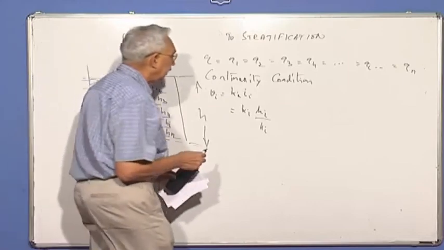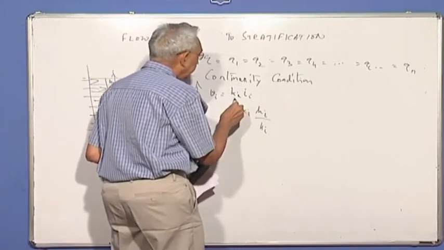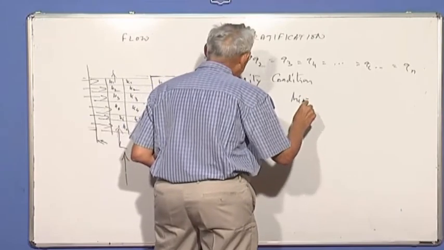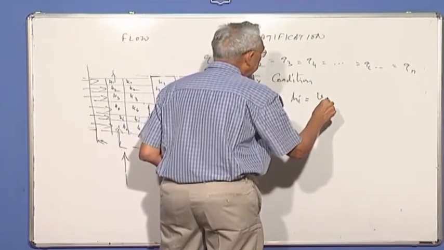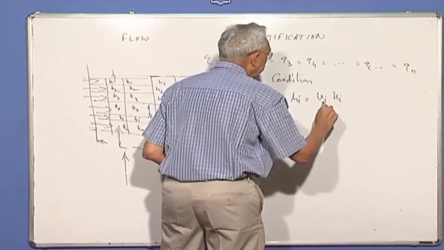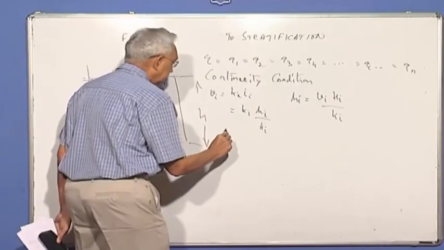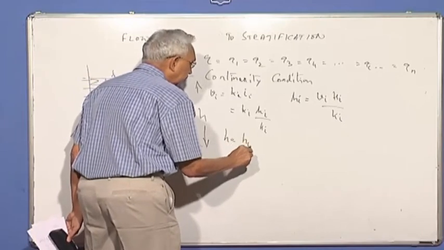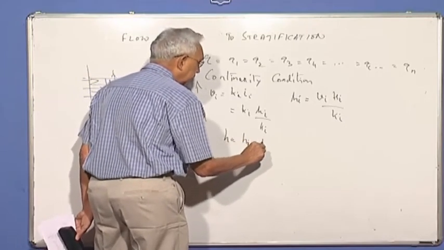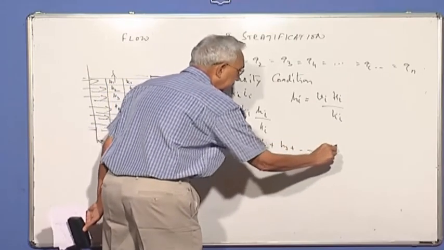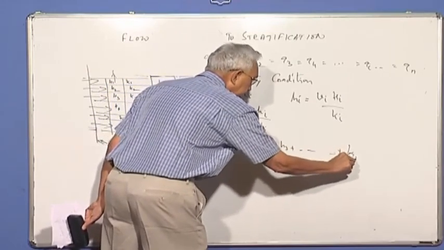So can I now calculate Vi is equal to Ki into Ii? So Hi is equal to Vi into thickness Hi by Ki. And what is the total head loss? Total head loss is H is equal to H1 plus H2 plus H3, like that till Hn.